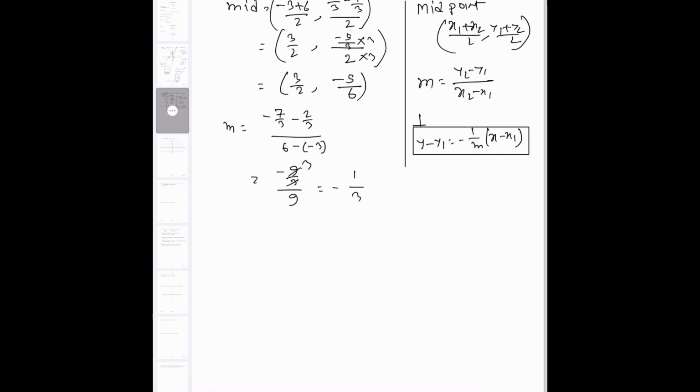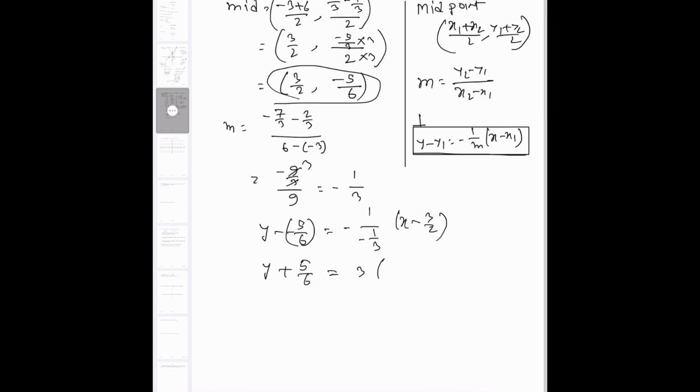For the perpendicular bisector, the midpoint is important. So let me use the formula y minus y1 equals minus 1 by m times x minus x1. So y minus minus 5 by 6 equals minus 1 by minus 1 over 3 times x minus 3 by 2. Now let us simplify: plus 5 by 6, equals 3 times x minus 3 by 2.